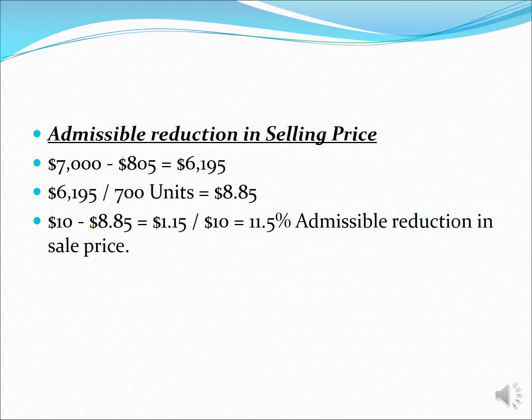We got $7,000 minus $805 to give us $6,195, and we divide this figure of $6,195 by 700 units to give us the unit price $8.85, and we deduct this from $10, that is the actual selling price, to give us the answer $1.15, and we take a percentage, and the percentage is 11.5%, that is the admissible reduction in sale price.